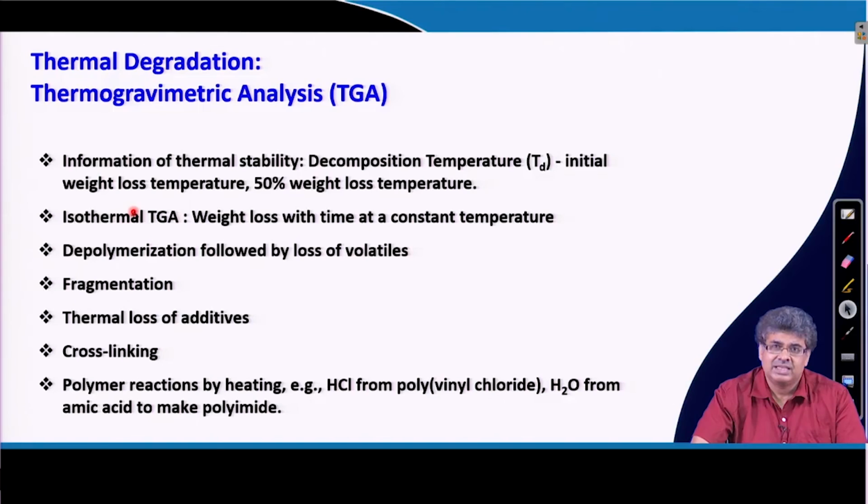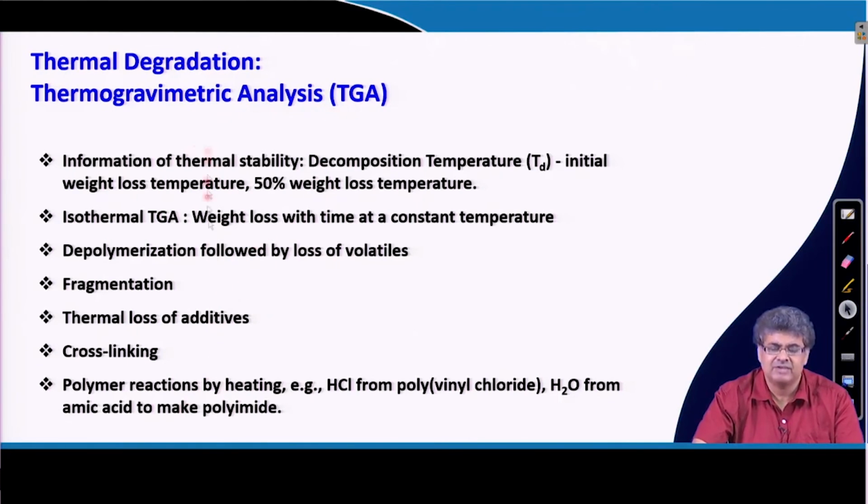We can keep the sample at a particular higher temperature and follow the weight loss with time at constant temperature, and we call that isothermal thermogravimetric analysis. We can follow the depolymerization process and loss of volatiles. We can follow fragmentation, thermal oxidation of additives, cross linking, or polymer reactions by thermogravimetric analysis.